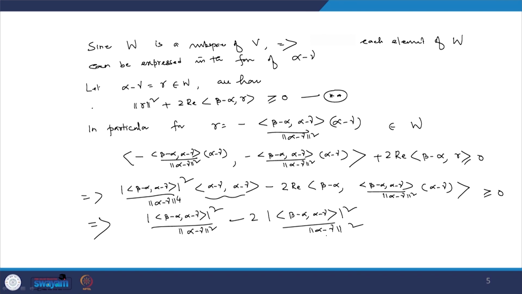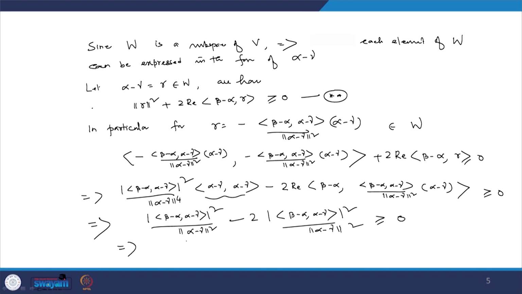So this will be like this, and this is a positive quantity. So it is a real number only. The real component is basically the real part, which is a real number. So I can write simply minus 2 times mod of the inner product of beta minus alpha and alpha minus gamma whole square, divided by norm of alpha minus gamma whole square. So this is also greater than or equal to 0.